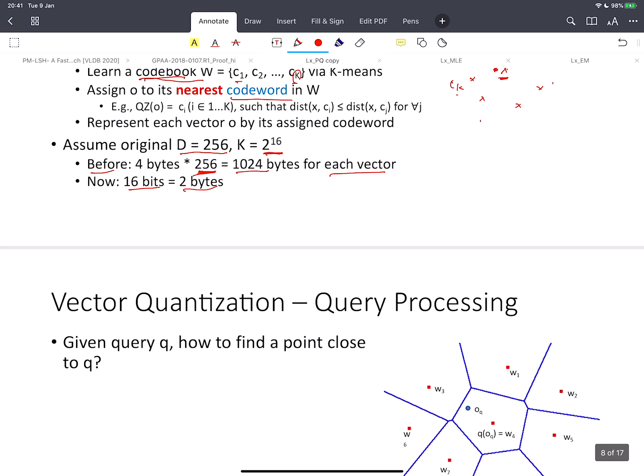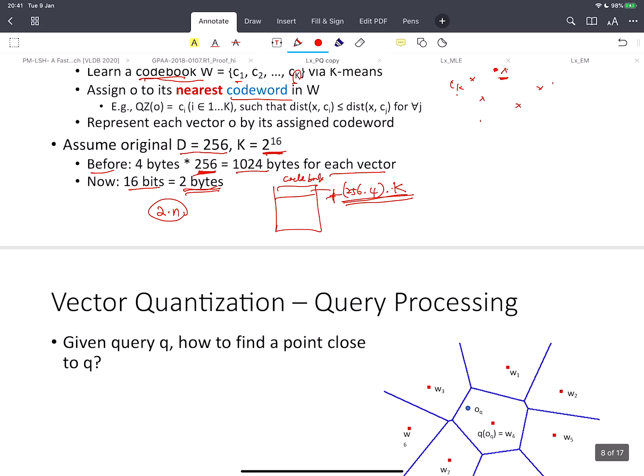And of course, you actually have a large code book which you need to store, and this one is actually 256 times 4 times k, right? So you need to store this one. But this is actually very small. So basically, if there are n data points, it's going to be 2n plus this guy.